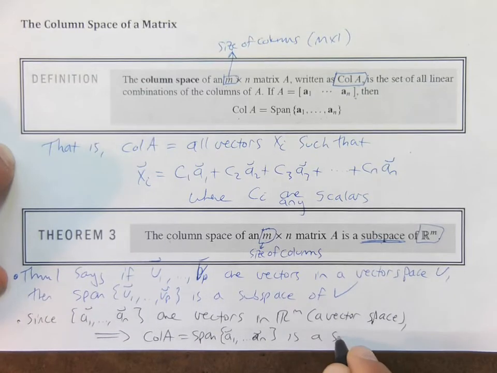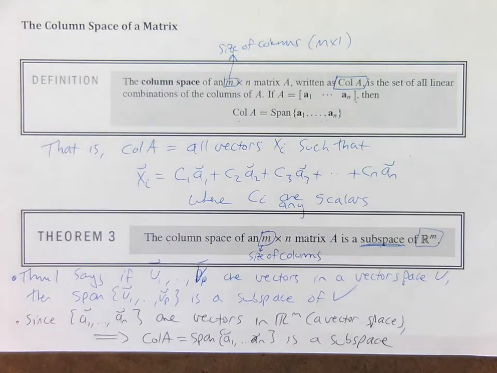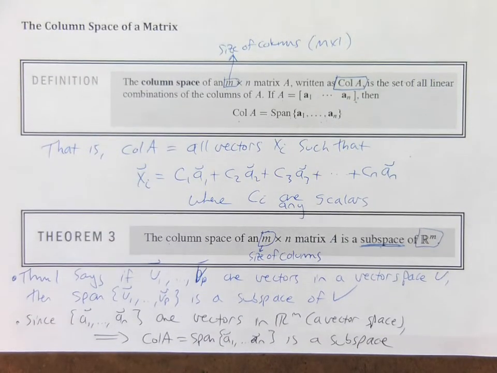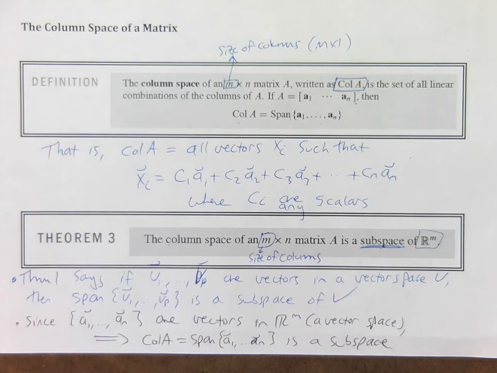So we can just refer to Theorem 1 from section 4.1 to prove this theorem, by saying, hey, look, the columns are in Rm, that's a vector space, and the column space is just the span of those things. So it's literally an application directly of that theorem. All right, cool.